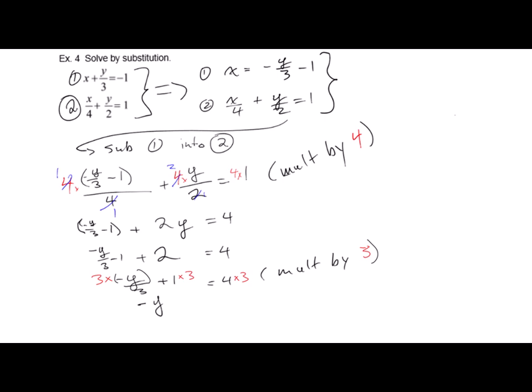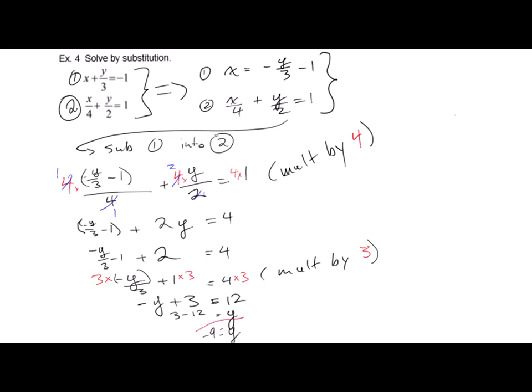Now you could have simplified by moving the stuff all over to the one side. It's up to you. And we end up with 12 on the right side. So now we'll solve for y. Y ends up being, in the end, 3 minus 12, which means y is equal to -9.